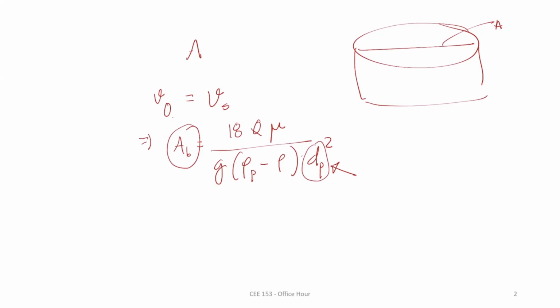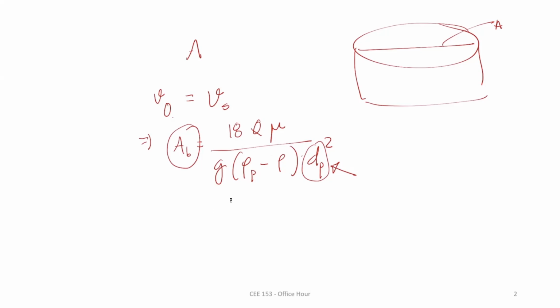Then, homework question 3, why don't we use that? Okay, that's a different question. So does it answer this question? You are only going to use this equation if your assumption is that 100% of particles are removed.